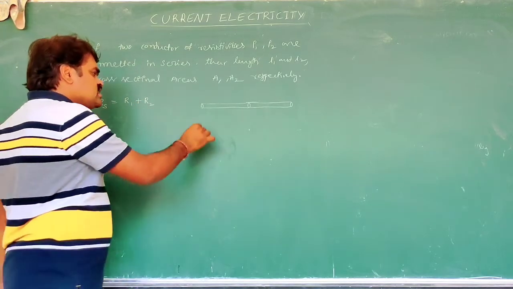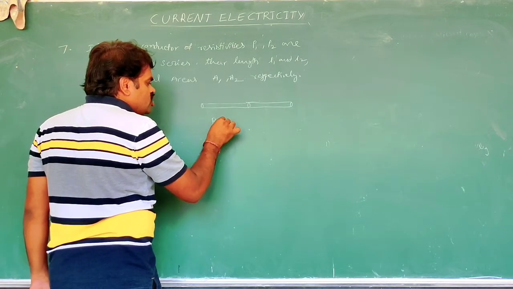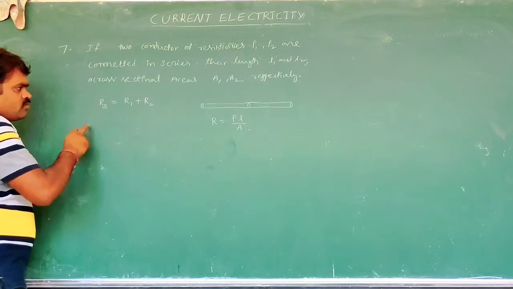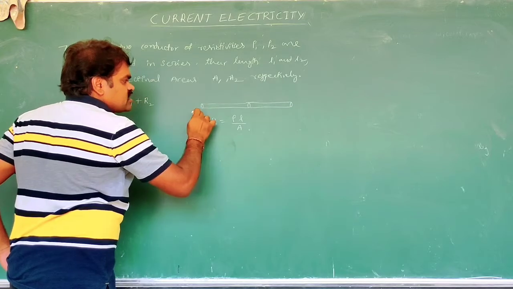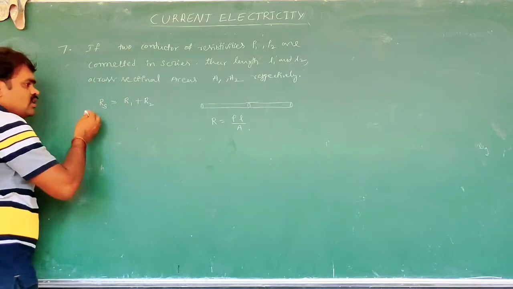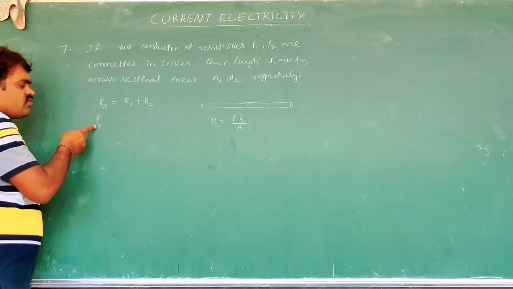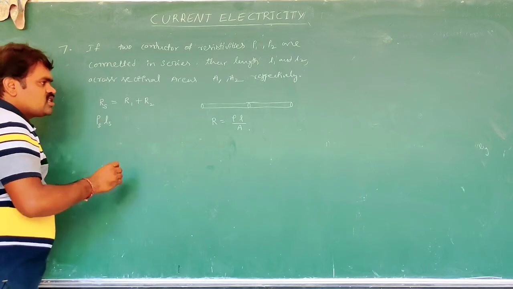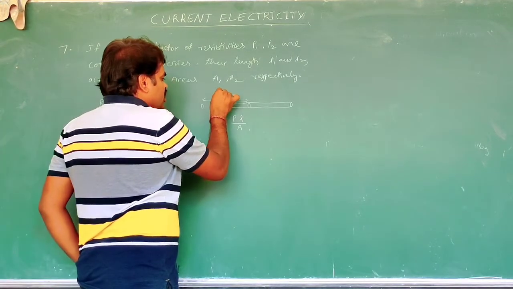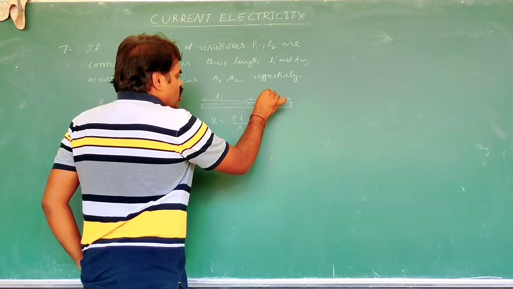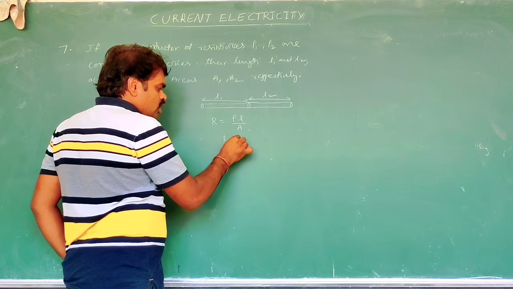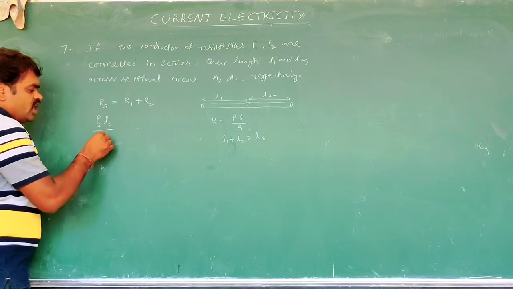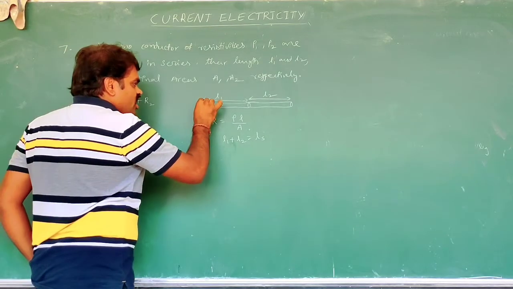We know the relation of resistance with resistivity: R is equal to rho L by A. So for the total equivalent resistance, rho S is the resistivity of the combination, and Ls is the series length, L1 plus L2, by As, the cross sectional area.